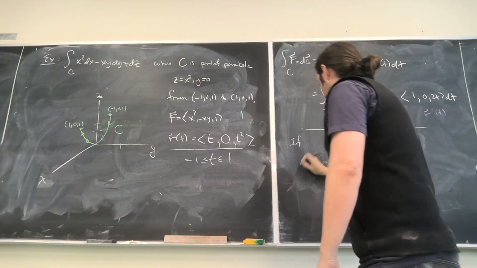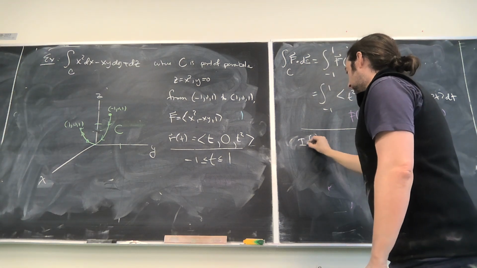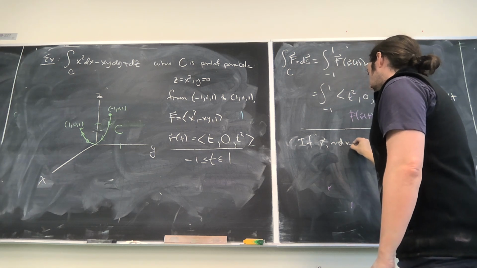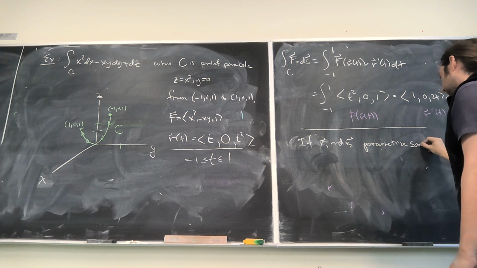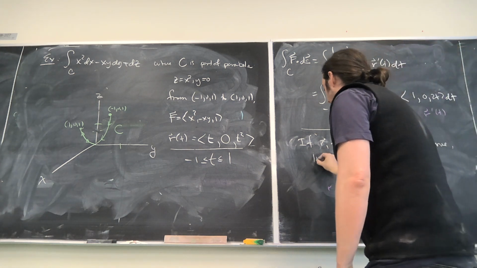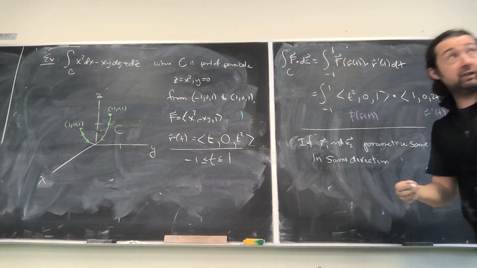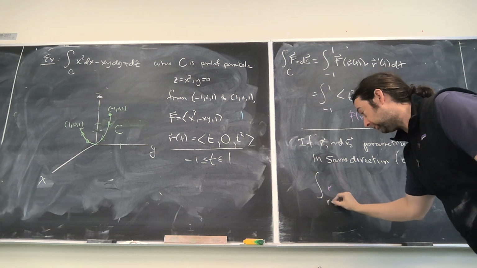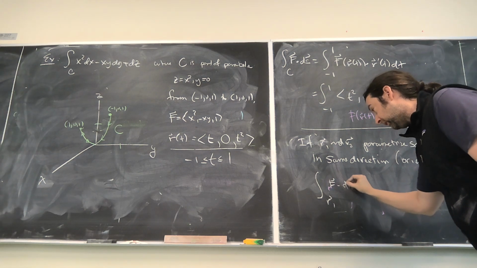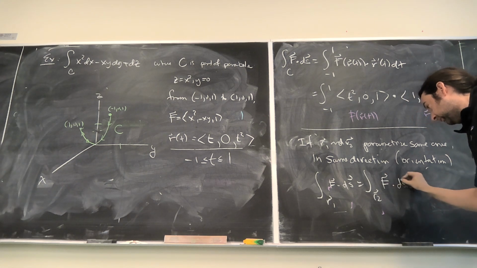So we'd say if R1 and R2 parameterize the same curve in the same direction, the fancy mathematical word for that is orientation, if the curves have the same orientation, then the integral over R1 of F dot ds is equal to the integral over R2 of F dot ds.